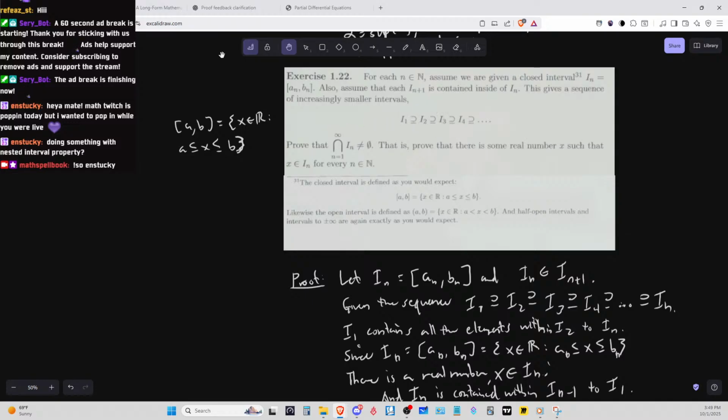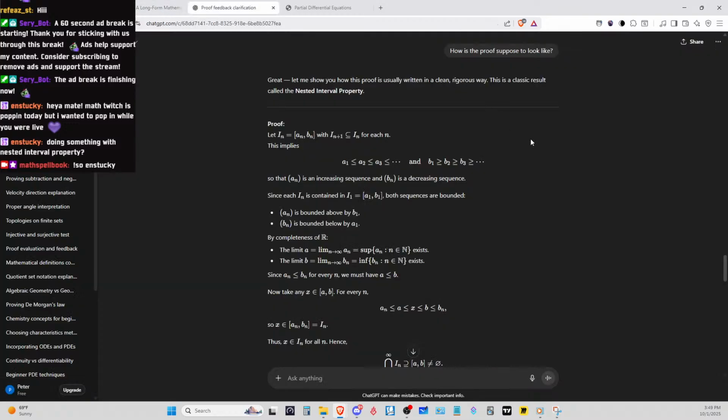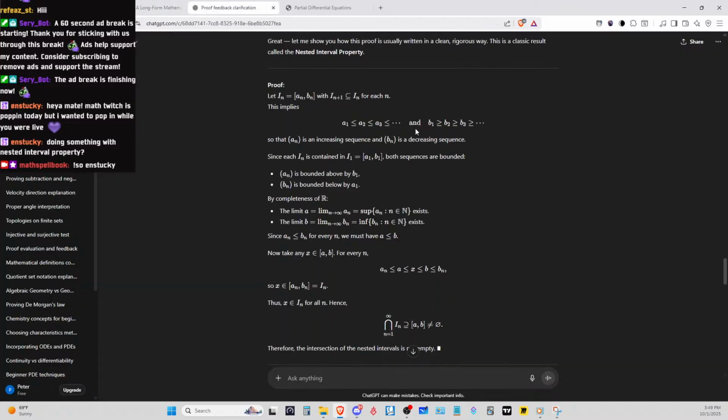That was the thing I was a little bit confused about, and I think I'm still confused, because it says that a_n is an increasing sequence and b_n is decreasing. I didn't know these were sequences. I thought they were points, because I thought it was just a closed interval. But then again, maybe that's the way they wanted to set it up.